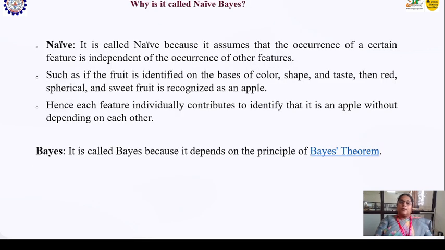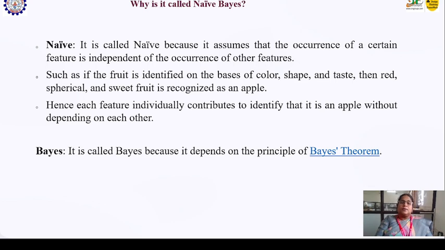So why is it called naive-Bayes? I'm here to tell about why the name naive has come. It assumes that the occurrence of a certain feature is independent of the occurrence of other features. For example, take a fruit called apple. It is identified basically with color, size, and taste: red in color, spherical in shape, and recognized by the sweetness of the fruit, right?